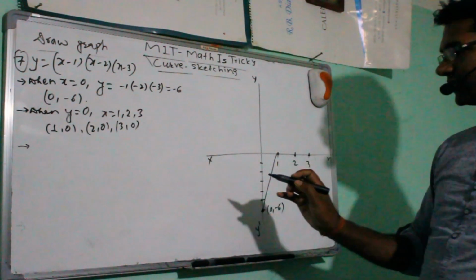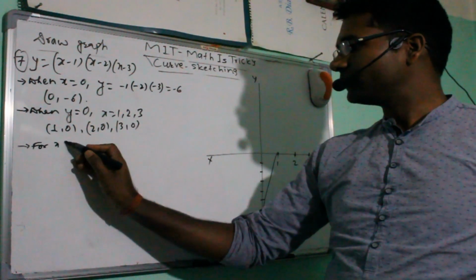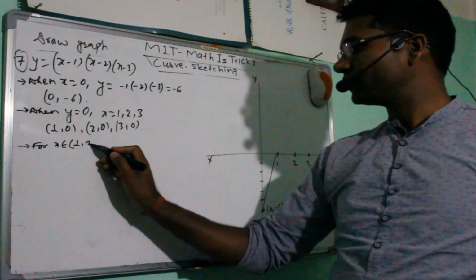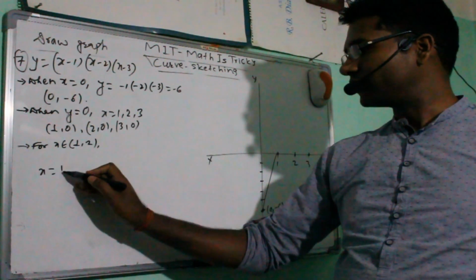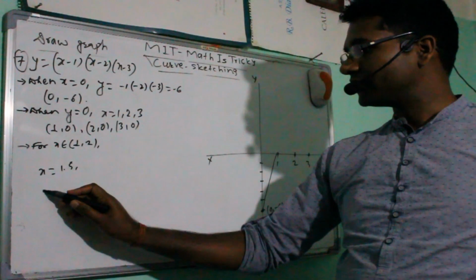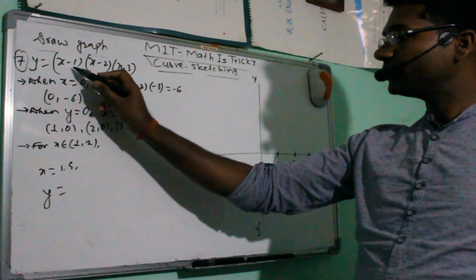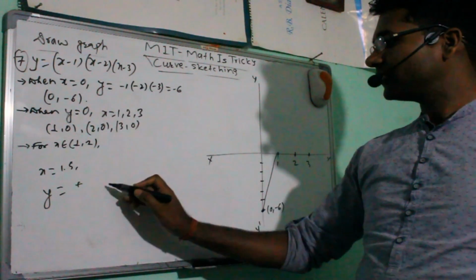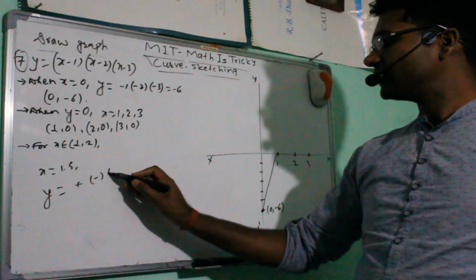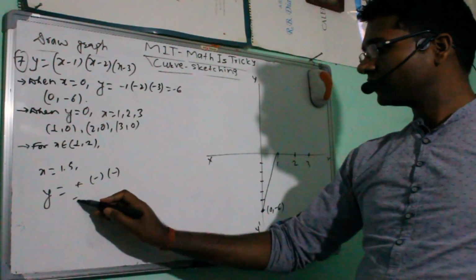So to check this, for x belonging to (1, 2), take any point. Suppose x equals 1.5. So what is the value of y, positive or negative? Just see here. This is going to be positive, positive, and this is going to be negative, negative, so it will be positive.